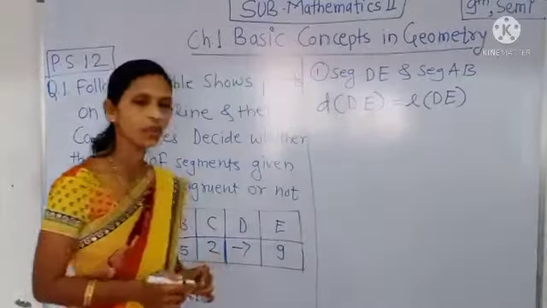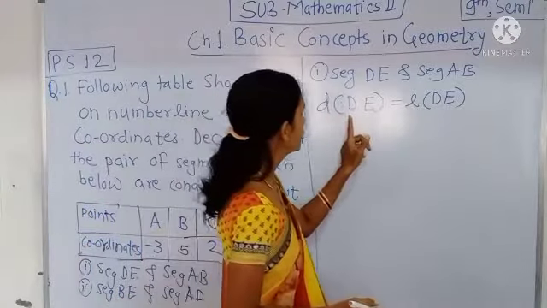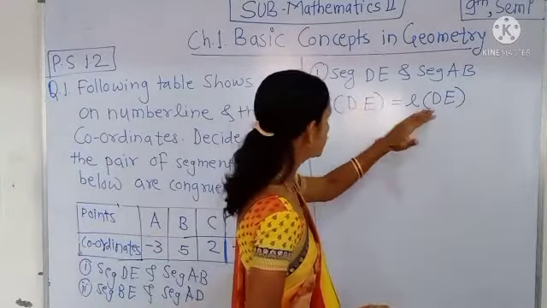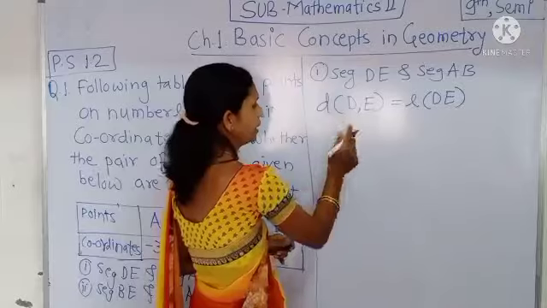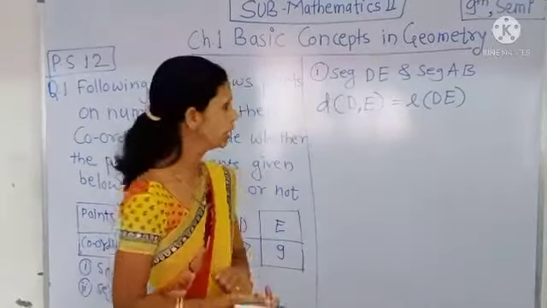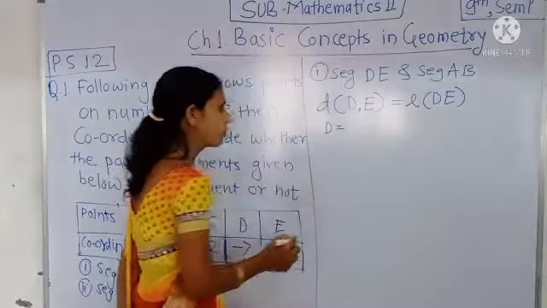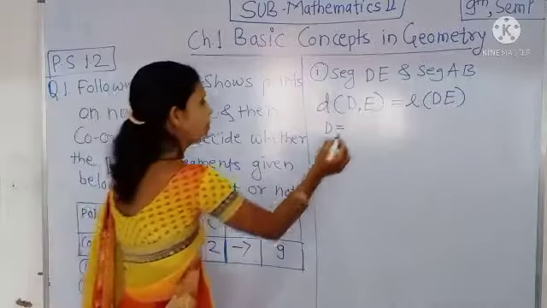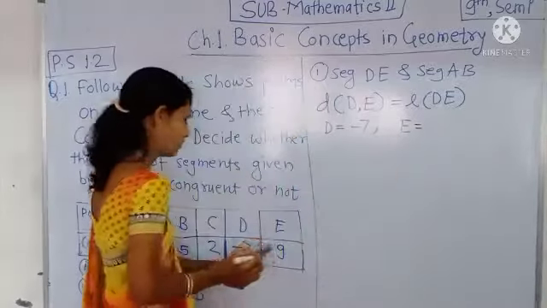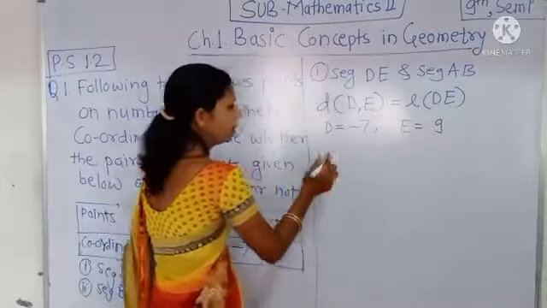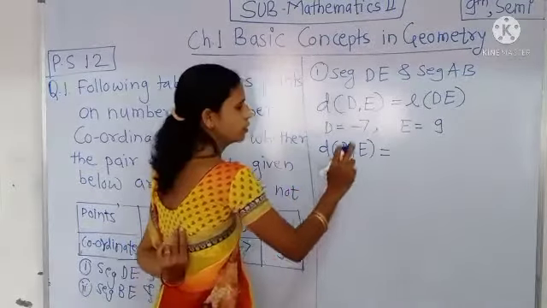To determine the length of DE, we have to find the distance between point D and point E. First we write the coordinate of D, that is -7, and the coordinate of E is 9.